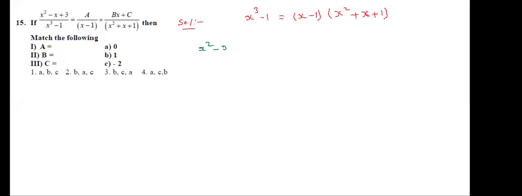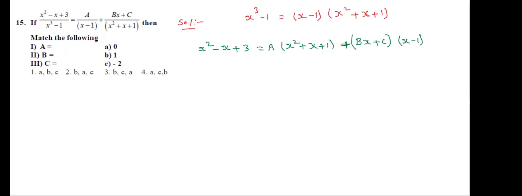Now, the denominators are going to cancel. Just write the numerators. Now, I am writing the left hand side completed, right hand side: A into x square plus x plus 1, plus bx plus c into x minus 1. Here observe that bx plus c, put a bracket, otherwise there is going to be a mistake.